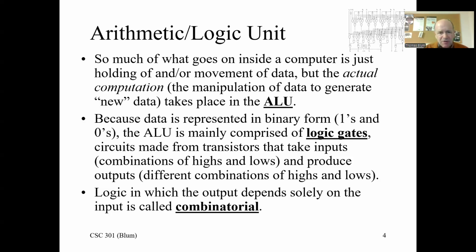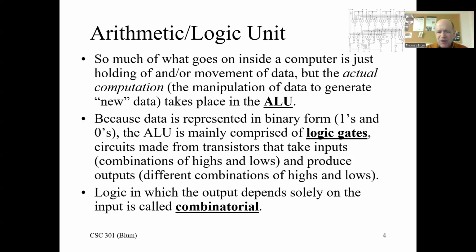Most computers are made from transistors, and the transistors perform logic, combining zeros and ones, the numbers in the computer, into other combinations of zeros and ones. These are known as logic gates.